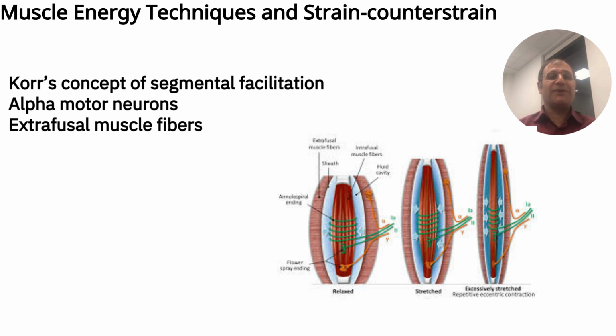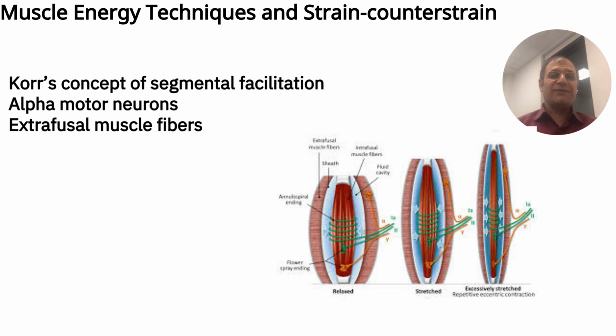To fully grasp the principles and applications of muscle energy and functional techniques, it is essential to understand Korr's concept of segmental facilitation and the work of Patterson and Sherrington on spinal reflexes. According to Korr, excessive gamma motor neuron activity to the muscle spindle reduces the amount of external stretch needed to activate the primary annulospiral endings.